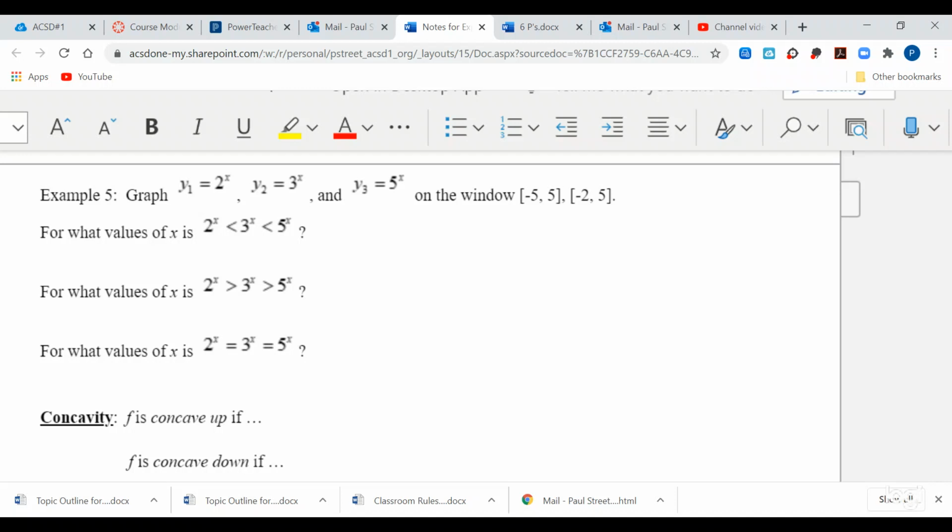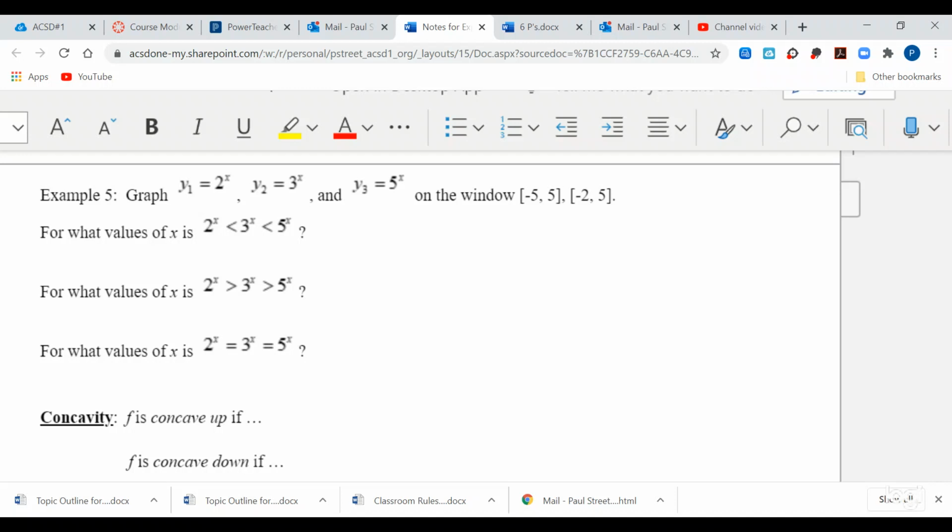And I'm going to do pink for y equals 3 to the x. That's our second one. So again, when x is 0, we get 1. But when x is 1, we're going to be up at 3. And when x is negative 1, we're going to be at 1/3, which is smaller than 1/2. So it's going to be below. So I'm going to get something that looks like that.